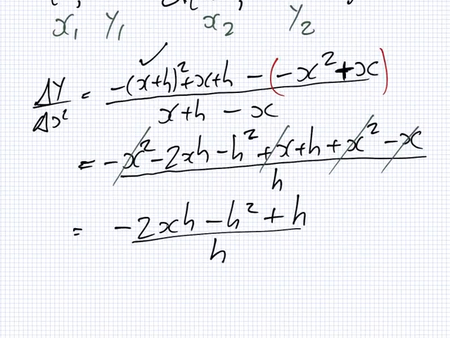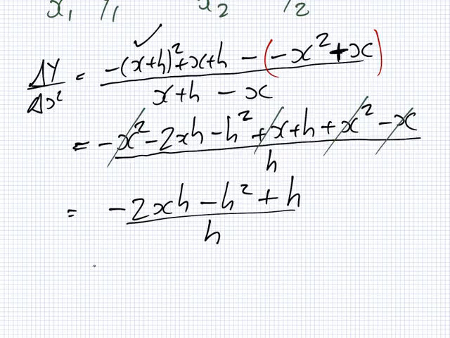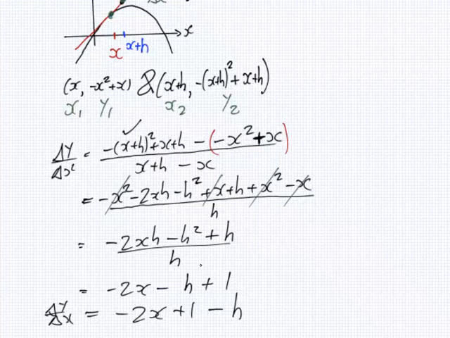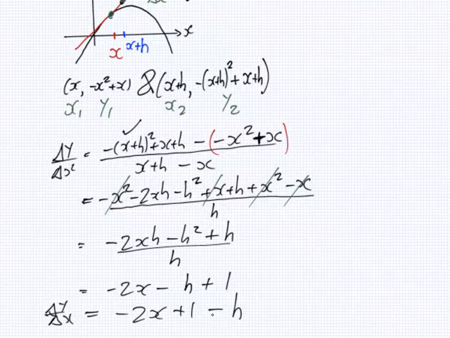Okay. Now, because h is in everything, we can divide, yeah? So minus 2x minus h plus 1. Or if you want, that's minus 2x plus 1 minus h. That's the slope. Now, how can I make this answer more accurate?